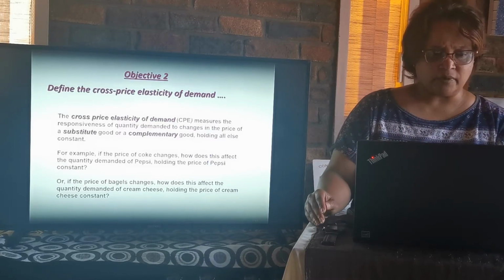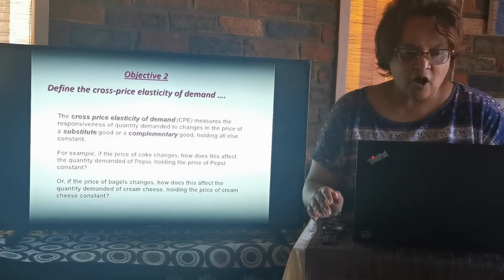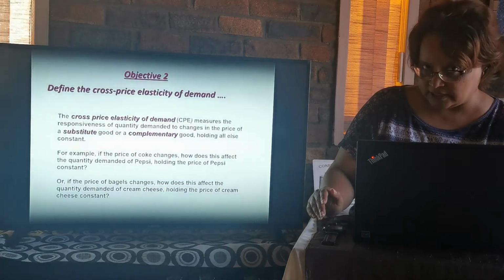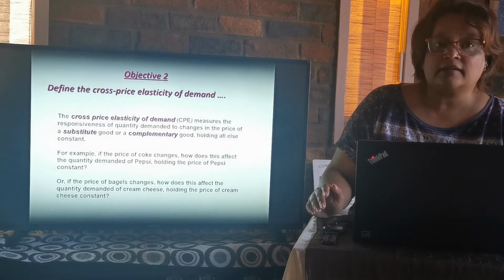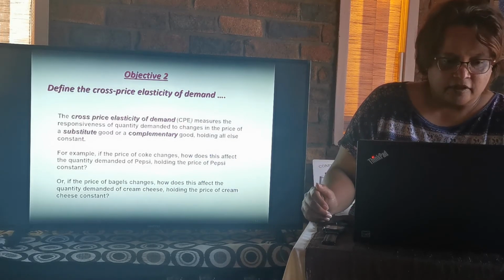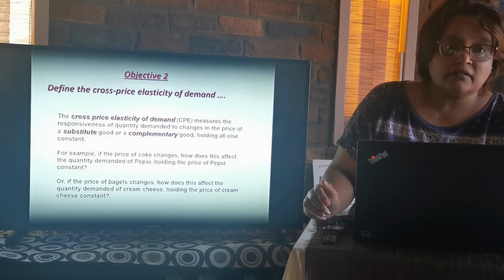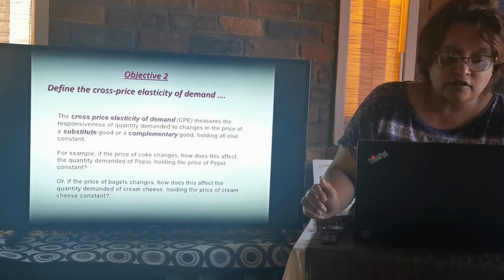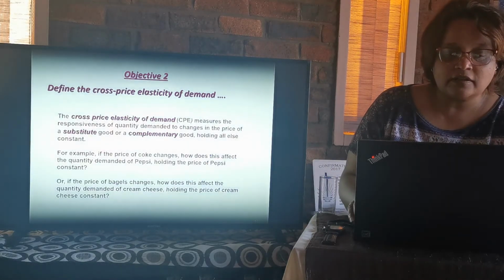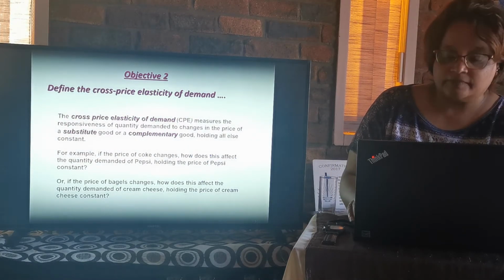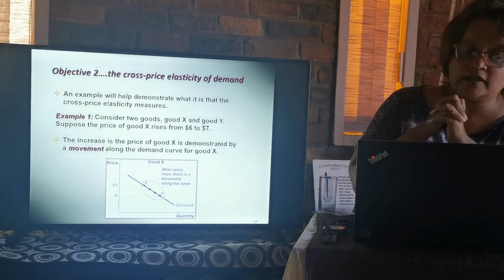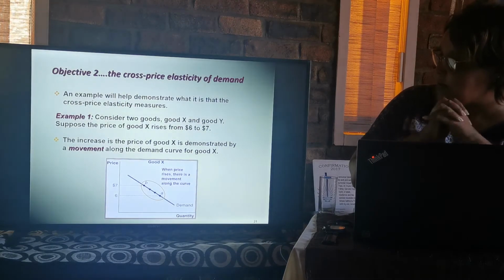So, for example, if the price of Coke changes, how does this affect the quantity demanded of Pepsi? Now, I already said or alluded to the fact that Coke and Pepsi are substitute goods. If the price of bagels changes, how does this affect the quantity demanded of cream cheese, holding the price of cream cheese constant? So, an example will help to demonstrate what it is that cross-price elasticity measures.